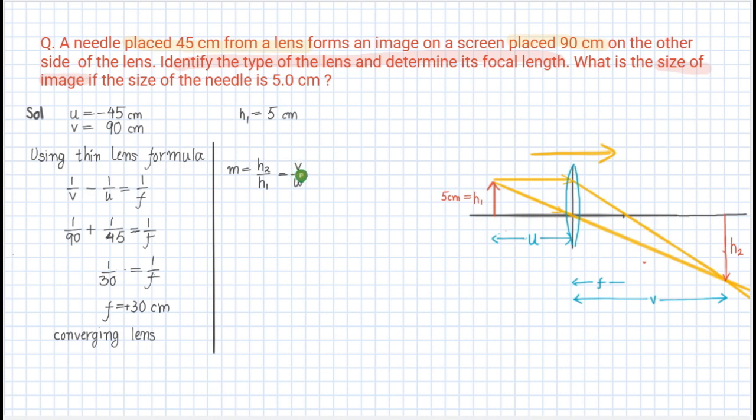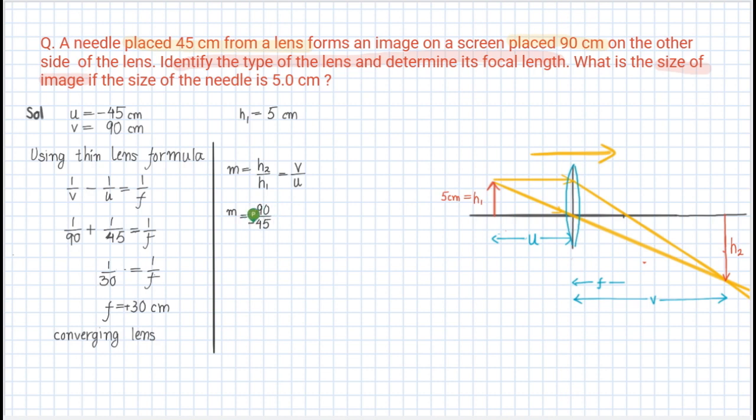From here, let us find out m first. What is your image distance? 90 centimeter. And what is your object distance? Minus 45 centimeter. So, magnification m equals my image distance 90 centimeter upon my object distance minus 45 centimeter.